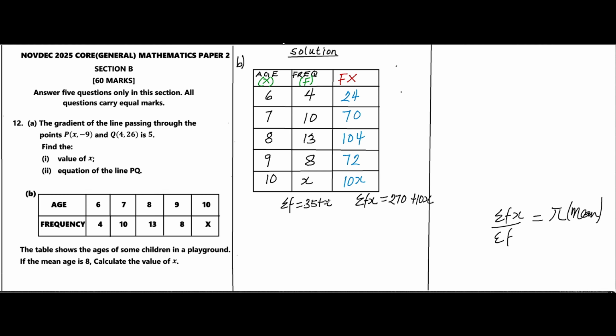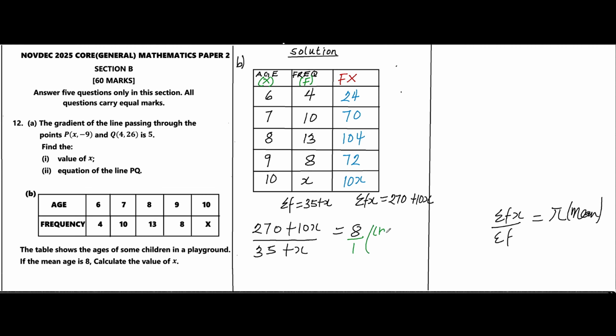So with this, we can set up our equation. That is summation fx divided by summation f must be equal to the mean. So summation fx, we had 270 plus 10x. So this divided by summation f. Summation f, we have 35 plus x. This must be equal to the mean age, which is given as 8. So 8 is the same as 8 on 1.